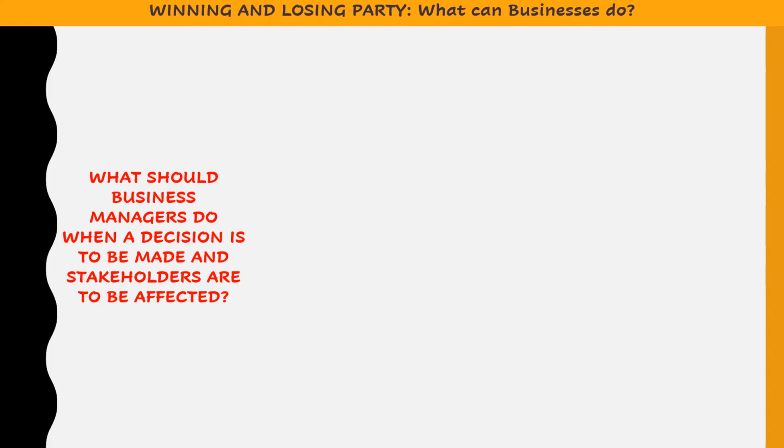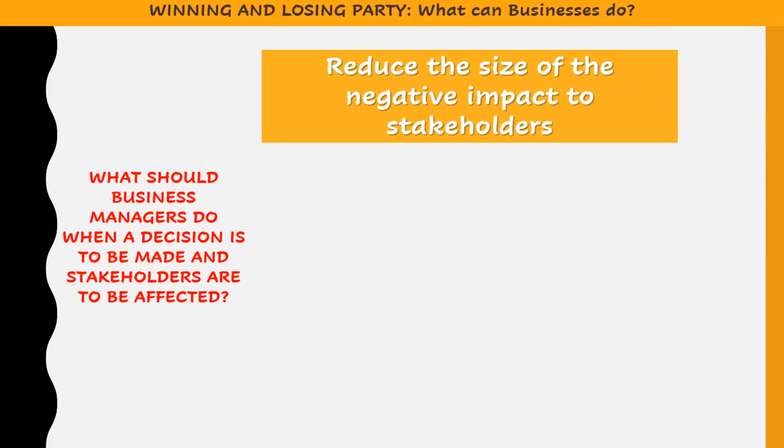Now, what should businesses do when a decision such as this is made and various stakeholders are affected? We know that there will be impacts, but what businesses can do is reduce the size of the negative impact to stakeholders. The negative impact here refers to country X, where factory A is moving its operations out of.